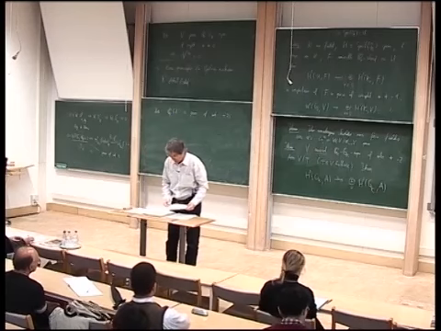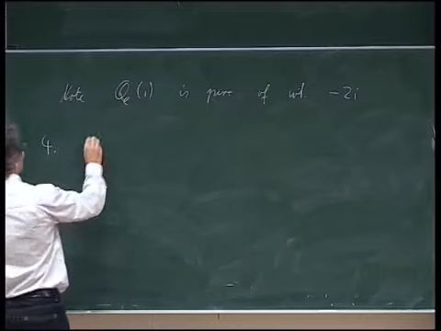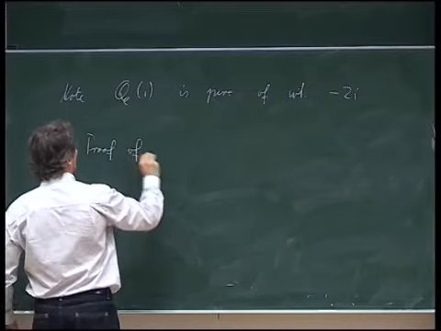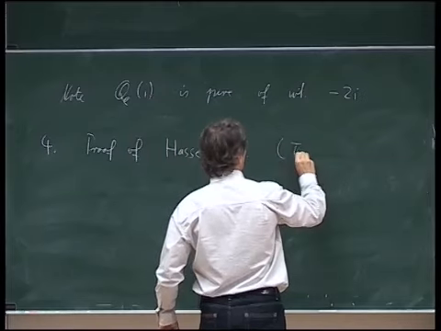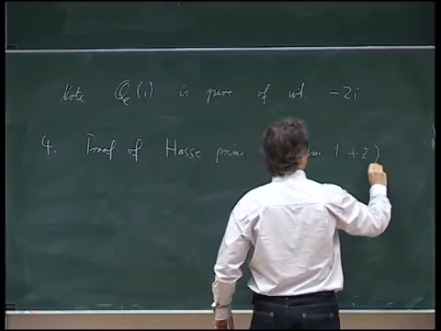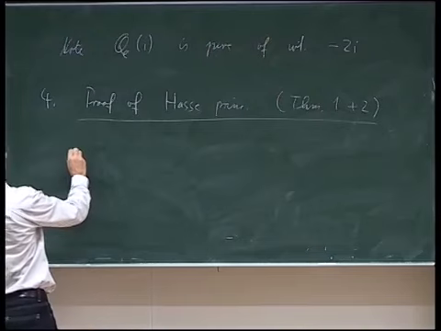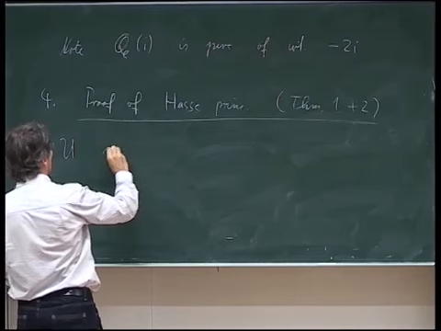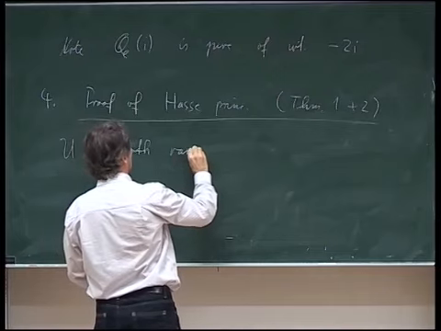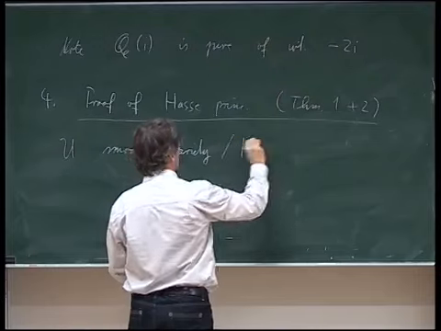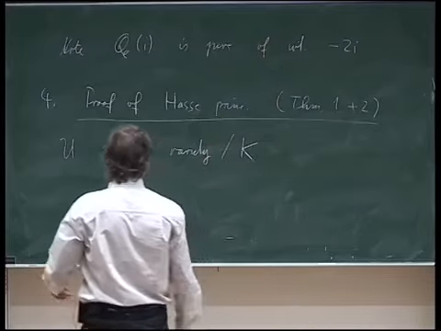Good. Now I want to go to the proof of the Hasse principle, Theorems 1 and 2. So the method is to use weights and the following. If U is just any smooth, but not necessarily projective, variety over K, let's say this in general for a global field.